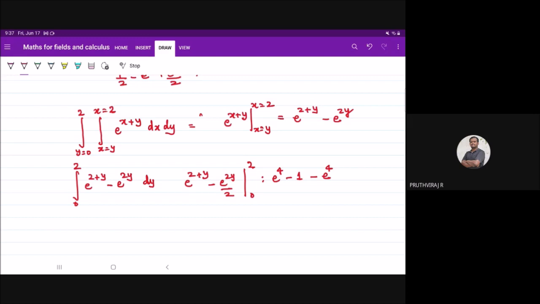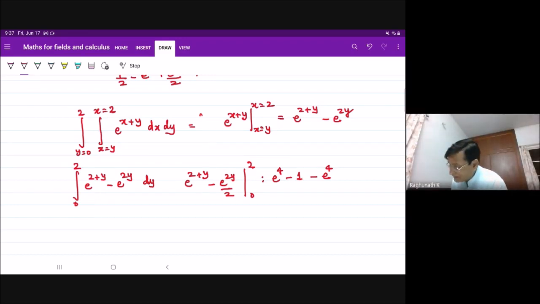Upper limit minus lower limit. So it should be e power 2. E power 2. That is okay. This is very good. E power 4 minus e power y, correct? E power 2. E power 2, e squared.